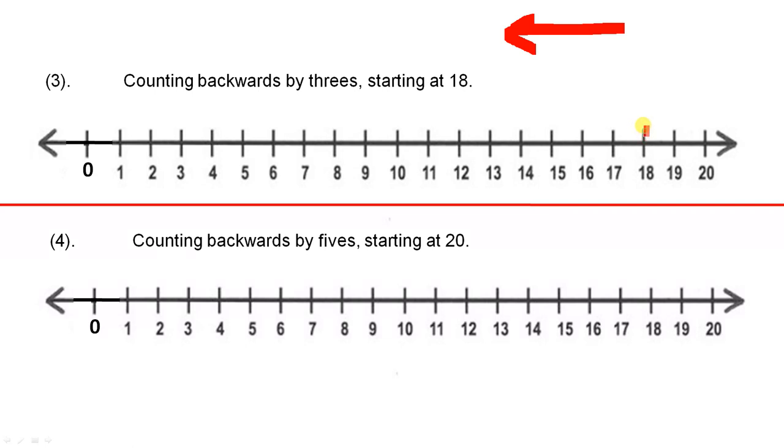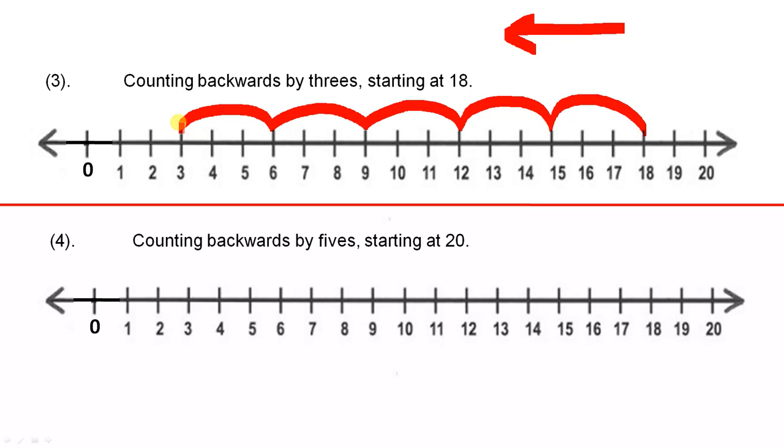So if we start at 18, 15, of course that's 3 less, 12, 9, 6, 3, 0. So in Year 1 we'll be stopping at 0. That arrow tells you that it does go further, as we explained earlier, but we're only interested in stopping here.